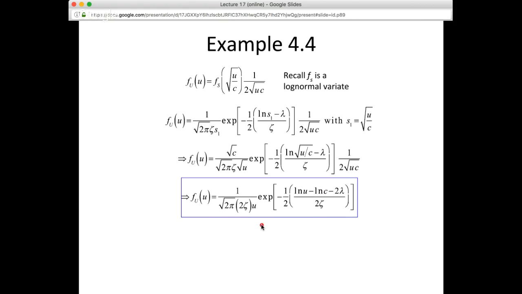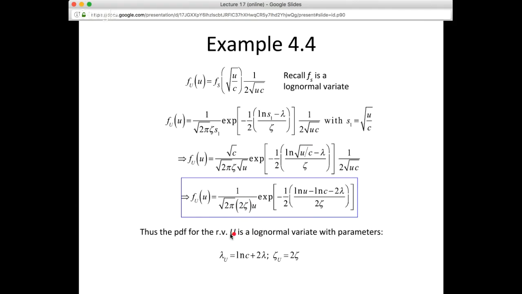One of the things that's interesting to do is compare this new derived PDF to a log normal distribution. We'd realize that this quantity here is acting like a new mean, and our new standard deviation of the log transform values is 2 zeta. You can see 2 zeta appearing in the denominator here too.